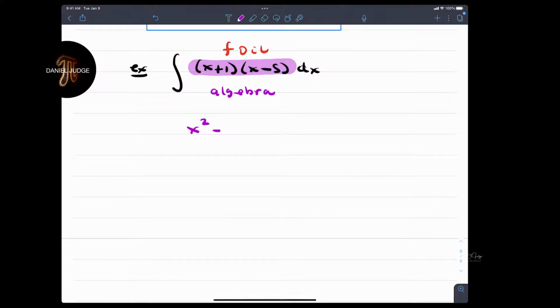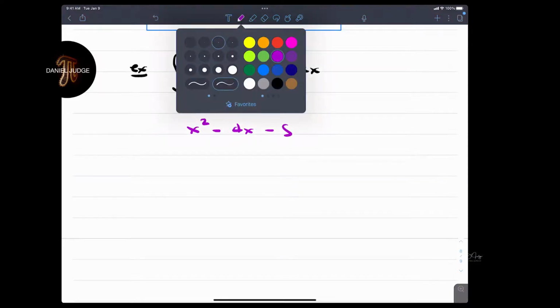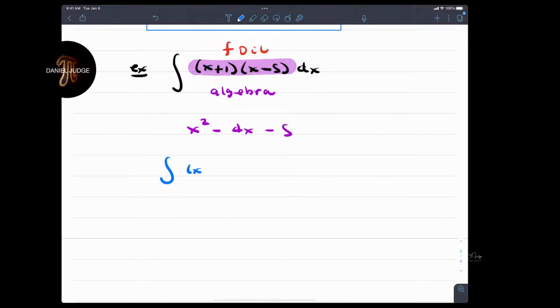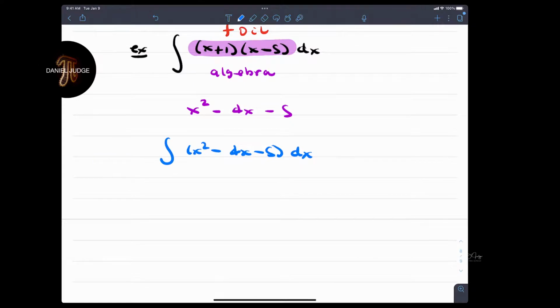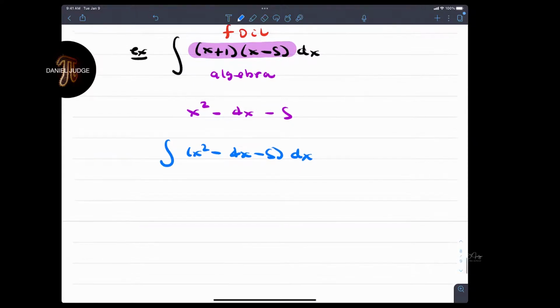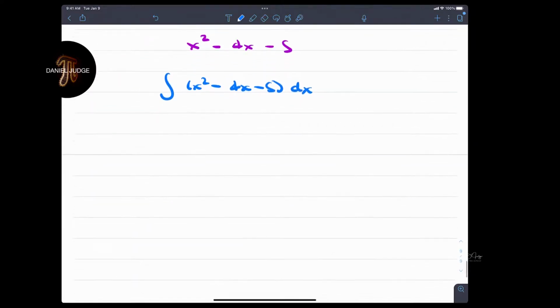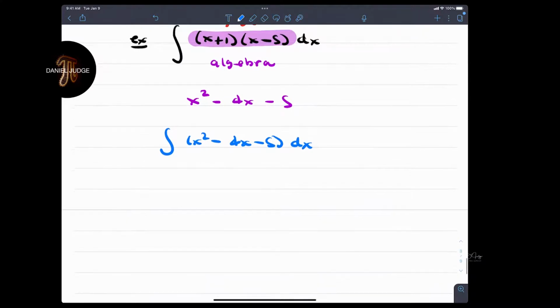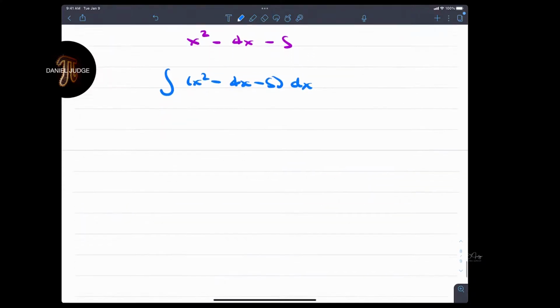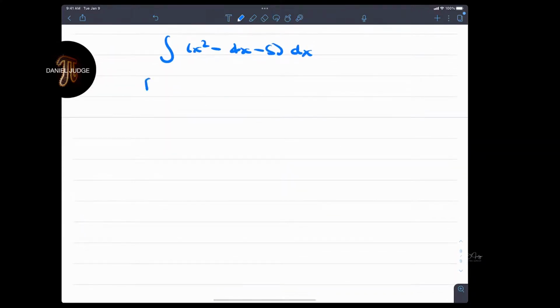X squared minus 4x minus 5. So now use these properties here. Make sure you did your FOIL correctly. Right? Okay. So by properties now, there is an integral of a sum, integral of a difference property.